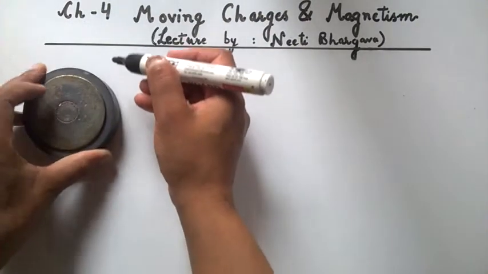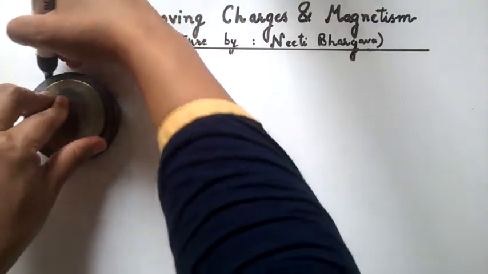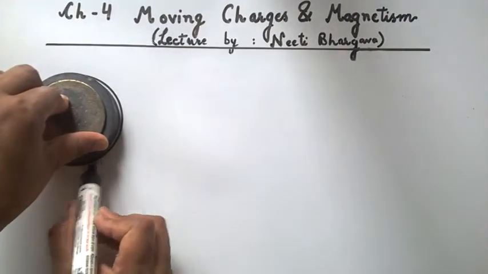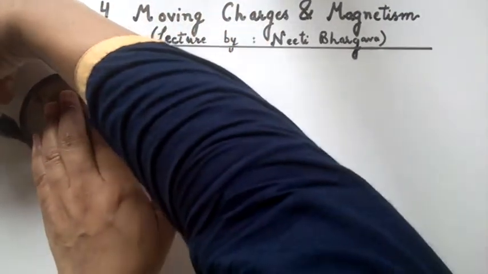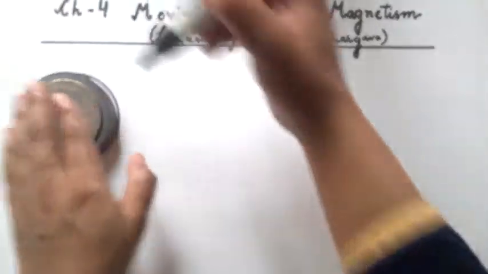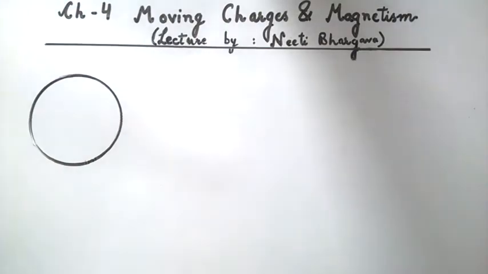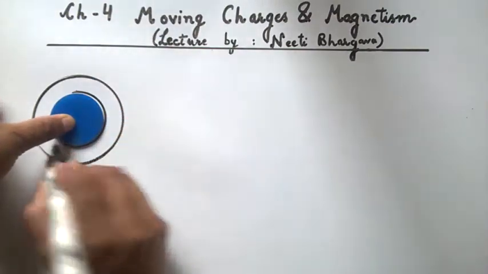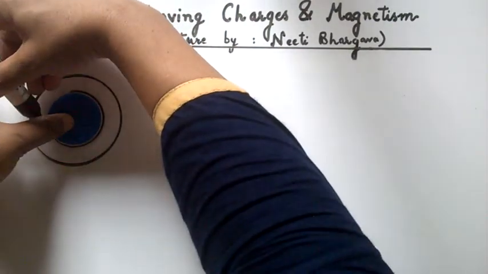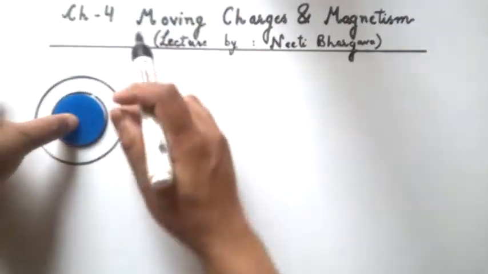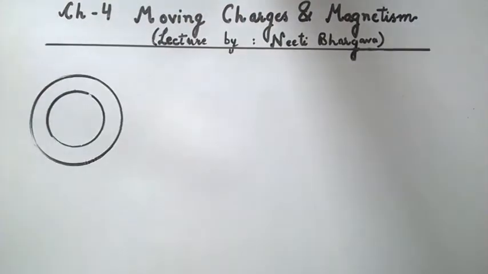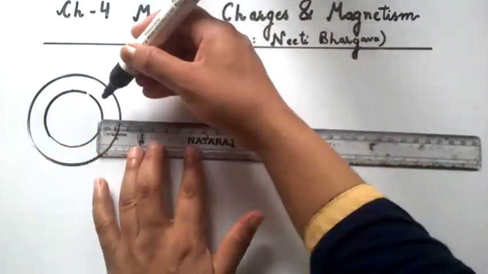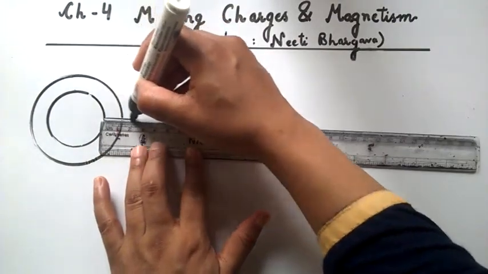Now let's draw toroid. There are large number of windings which are closely wound.